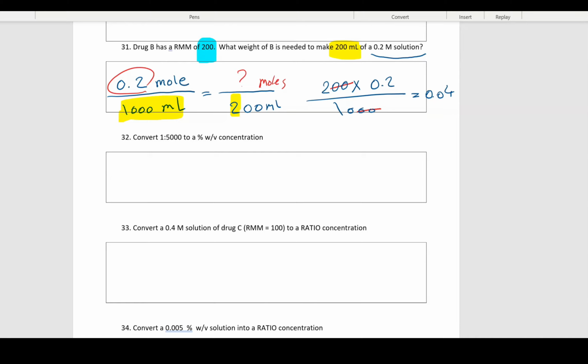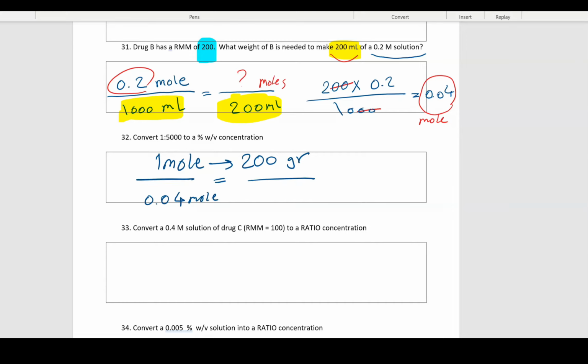So that's the moles we are looking for in 200 milliliters. If 1 mole is 200 grams, how much would 0.04 moles weigh?